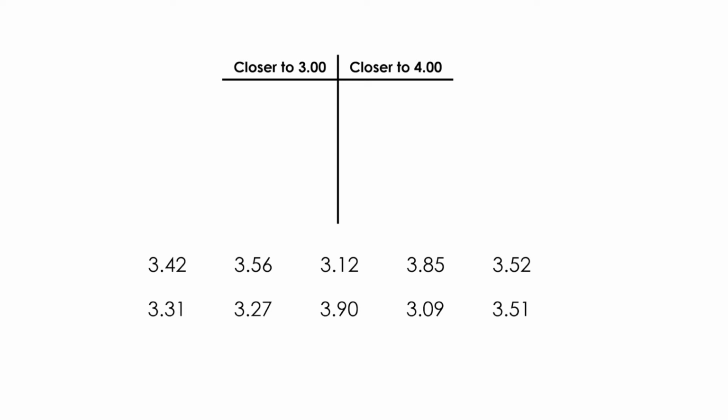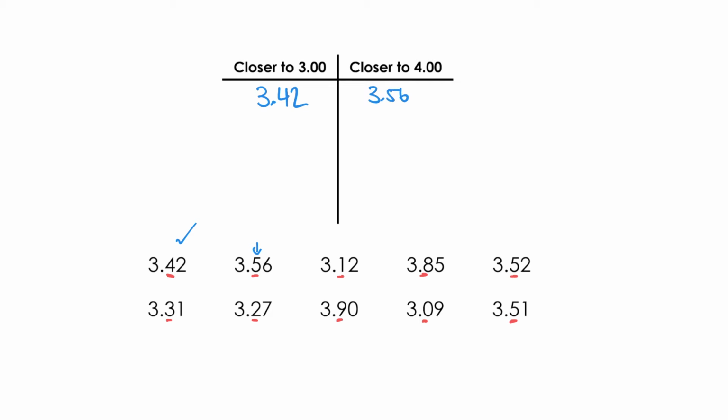Now we're going to do this with 2 decimal spots. So 3.42, is it closer to 3 or 4? Well, this is the number that's important to us, the one next to the decimal, because it's asking us for the nearest whole number. So all the underlying digits right now are the numbers that we need to look at. 3.42, it's a 4, so it needs to go closer to 3.0. 3.56, this is a 5 right here.